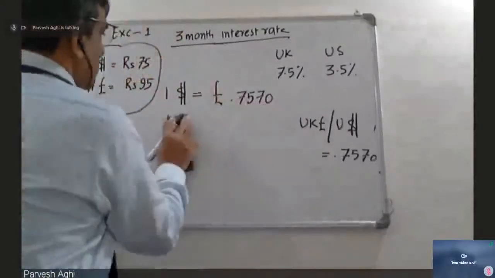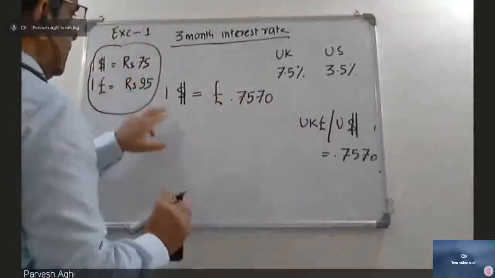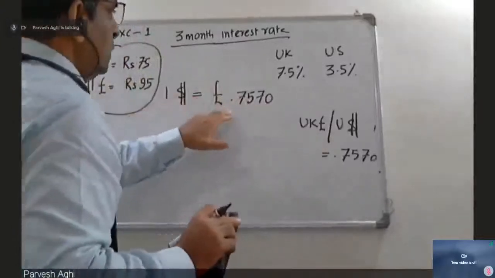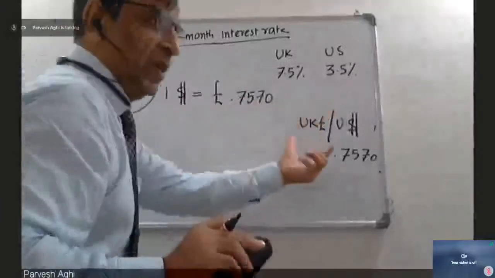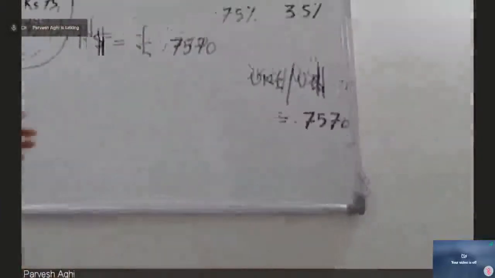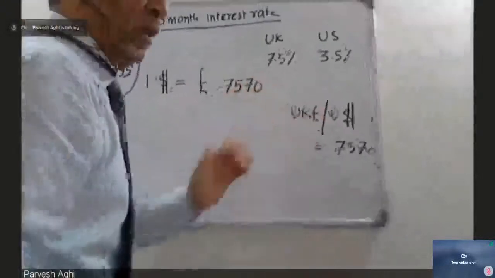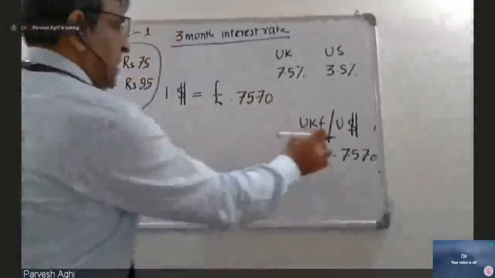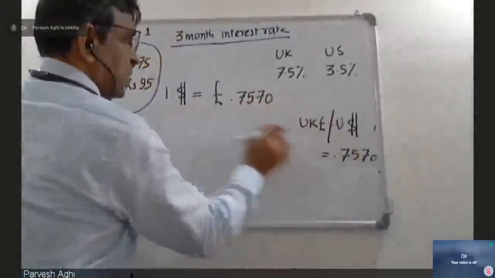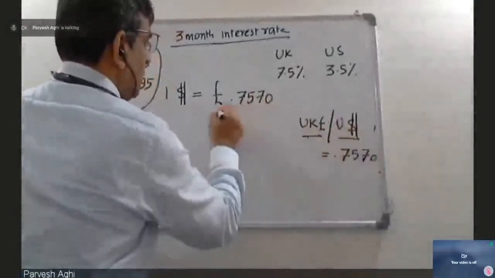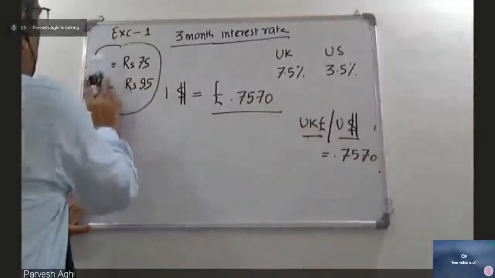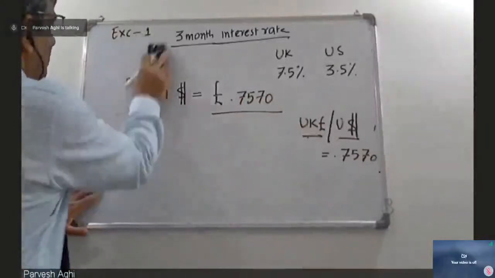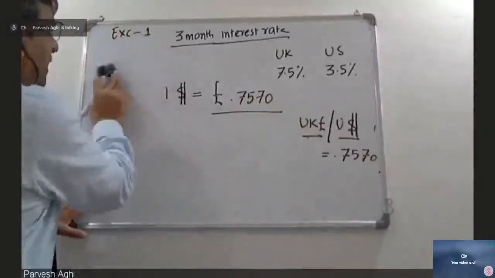So you must use your common sense, because there is no standard convention, so people can write the way they want. Okay. In some countries people use this way to write, and this means $1 is equal to so many pounds. Okay. So these are the tips you should remember all the time: how to read a quotation.